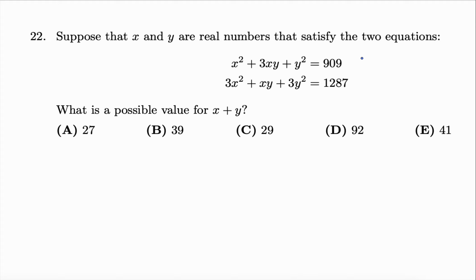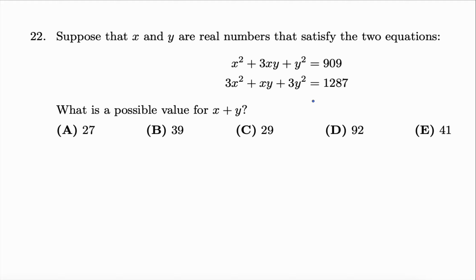Okay. So since we have two equations and two unknowns, that means there should be a solution for what these numbers are. And the question asks, what is a possible value for x plus y? Okay, so there does appear to be some solutions for this.